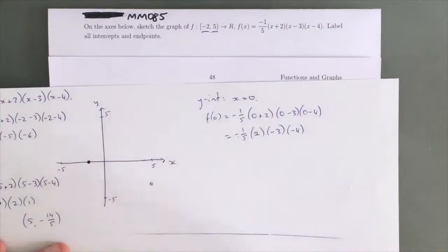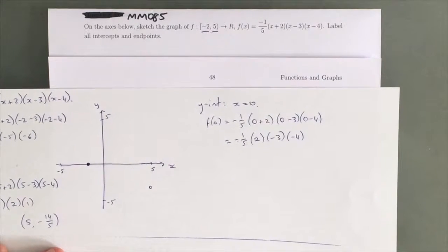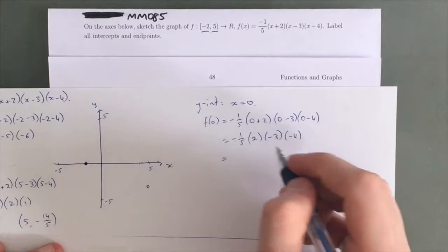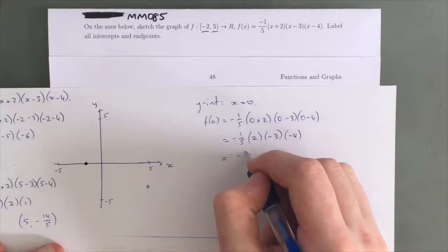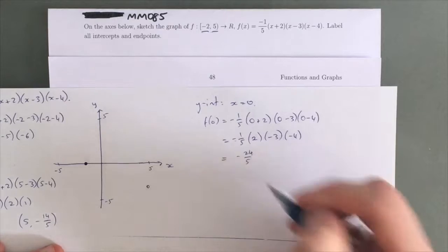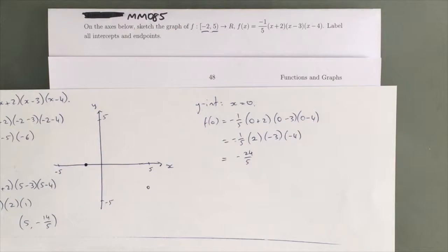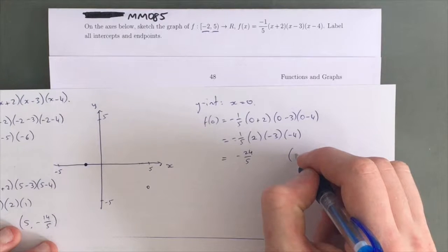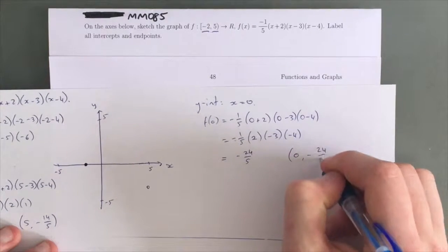There are 3 negatives in there, which means the overall value is going to be negative. 2 times 3 is 6, times 4 is 24. So this is negative 24 over 5, which is 1/5 towards 0, after negative 5. So we've got 0, negative 24 on 5.